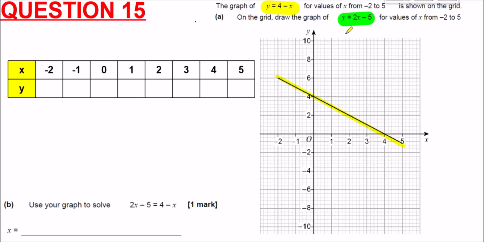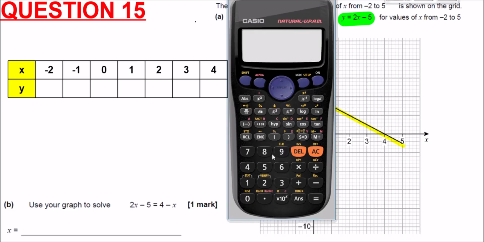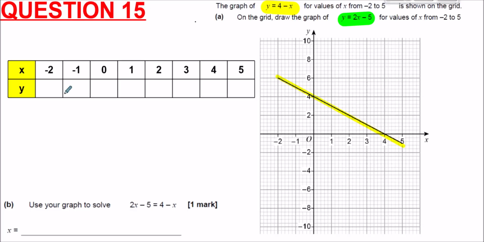Anyway, so if x were -2, the first value of x, then y will be 2 multiplied by minus 2, then minus 5, which is minus 9. So when x is minus 2, y is minus 9.